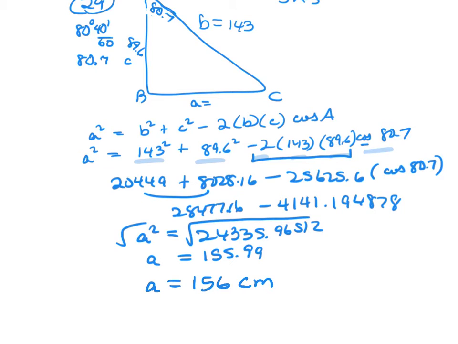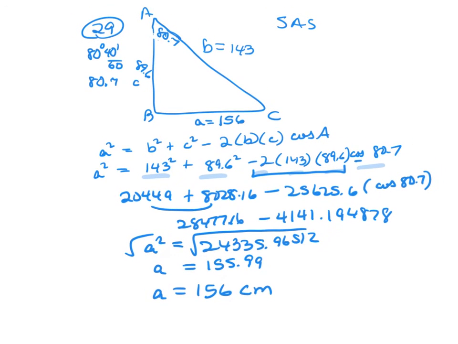Okay, so far all we found is little a. Now we need to find angle B and angle C. I'm going to find the smaller of the two angles, so I look to see which side is smaller. Little b is 143 and little c is 89.6, so I'm going to find angle C first.